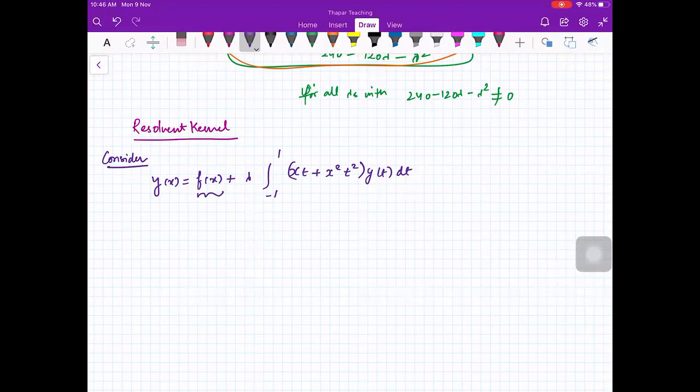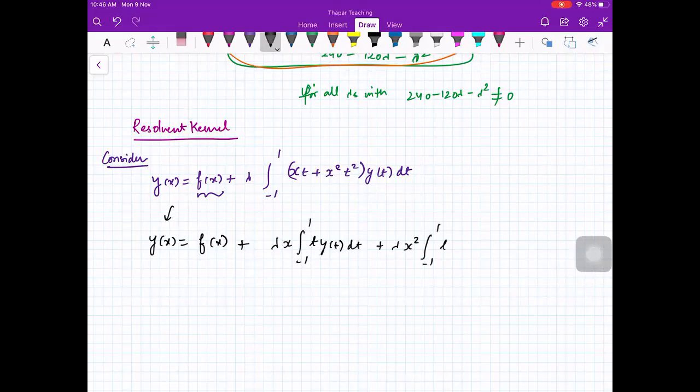If you try to solve this equation as I have told you, you will write y of x is equal to f of x plus lambda x integral from minus 1 to 1 of t y of t dt plus lambda x square integral from minus 1 to 1 of t square y of t dt. You will call the first integral C1 and the second integral C2.